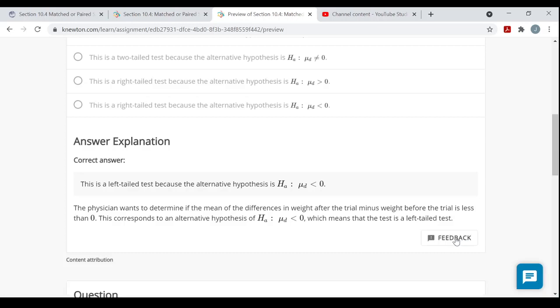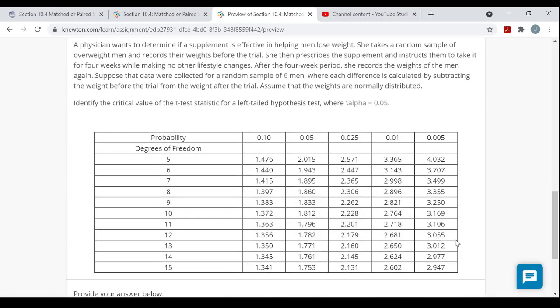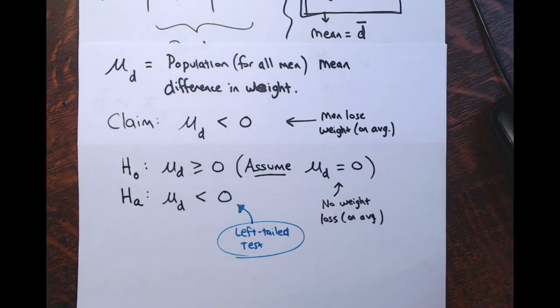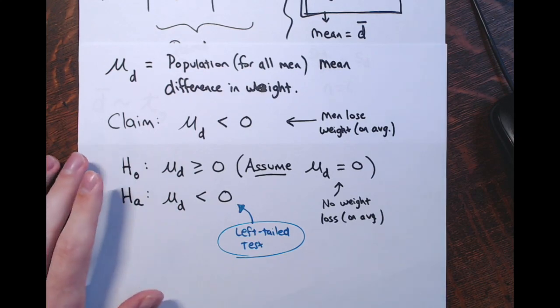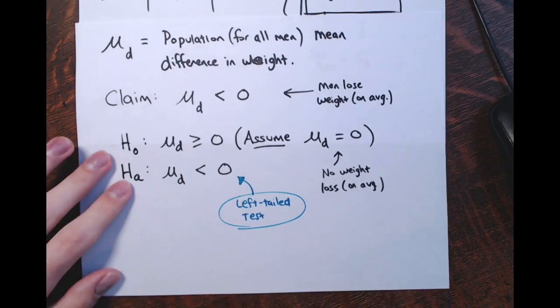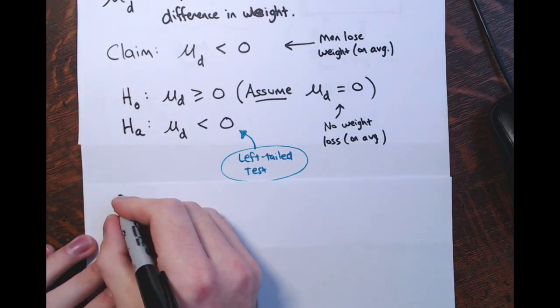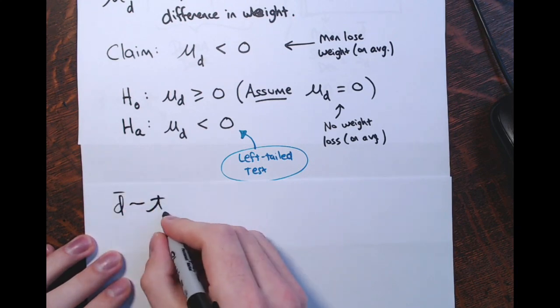Then there's a second part, because this is about determining critical values. What would the critical value be? Because again, it's only a one-tailed test, left tail, so there's only going to be one critical value. And because it's a left-tailed test, it'll be a negative critical value in this case. So again, I'll draw a picture. Like I said, the distribution of my d bars in this case will be a student's t distribution with 5 degrees of freedom.